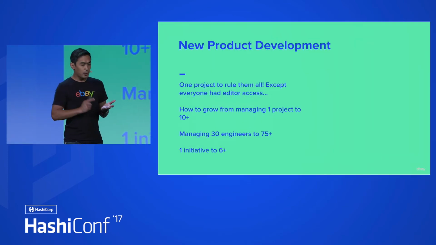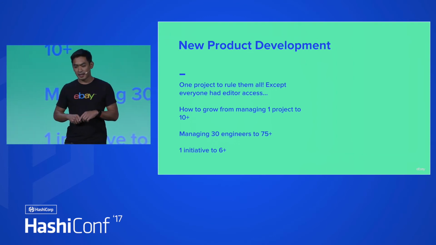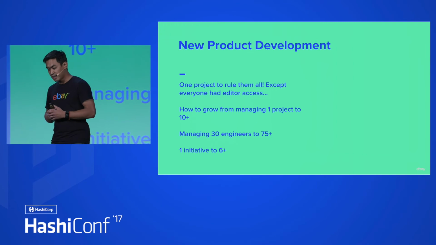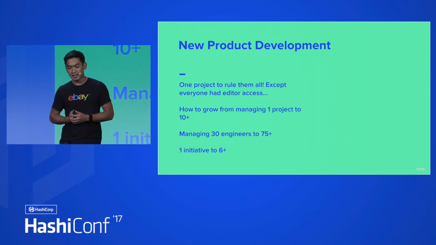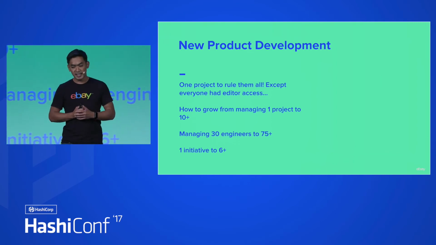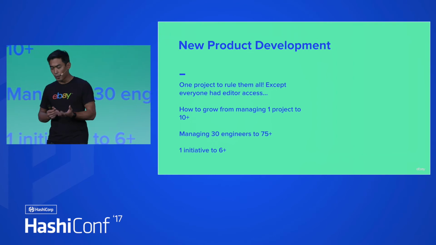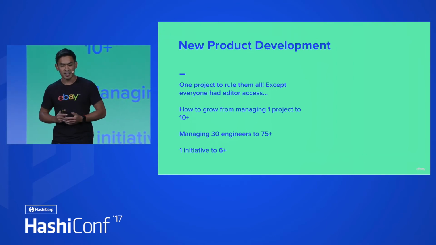So as I mentioned before, we had one project. This is how I got involved with infrastructure: we needed to create more than one project. And creating everything in one project was very difficult. Imagine trying to create it in 1, 2, 3, 4, 5. It just exploded. We realized we needed to split things up more than just separating non-production and production environments.